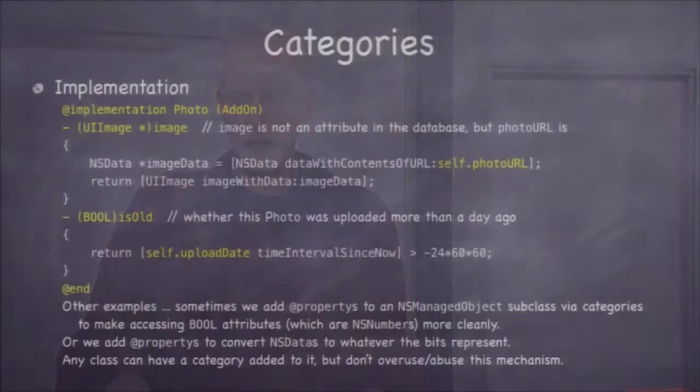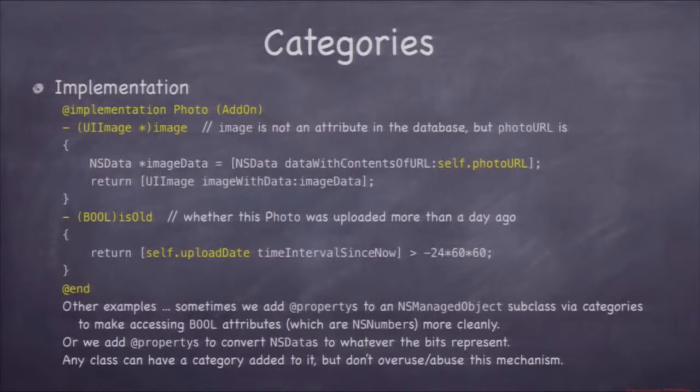Okay? So let's look at an example for these 2 methods. So here's the @implementation of the Photo add-on category. So I'm adding these 2 methods to the Photo class, which is that thing we generated in Xcode. Image, you see, it just uses self.photoURL. Self is the photo because these methods are being added to the Photo class. Okay, so self is a photo. .photoURL gets that attribute, gets that data.